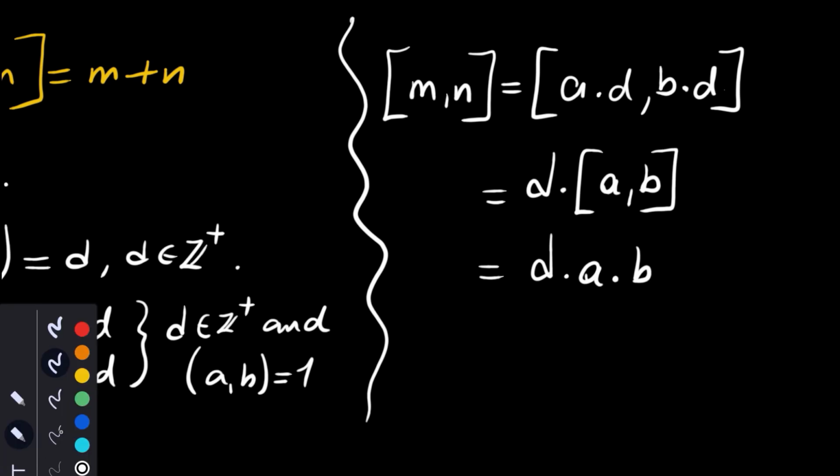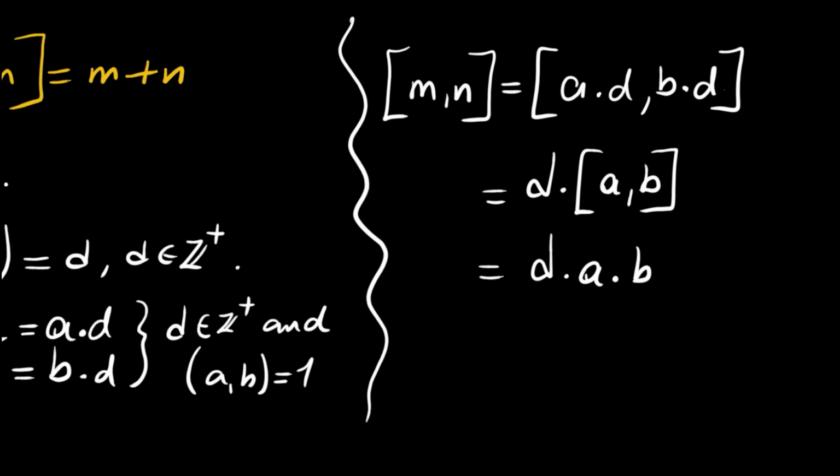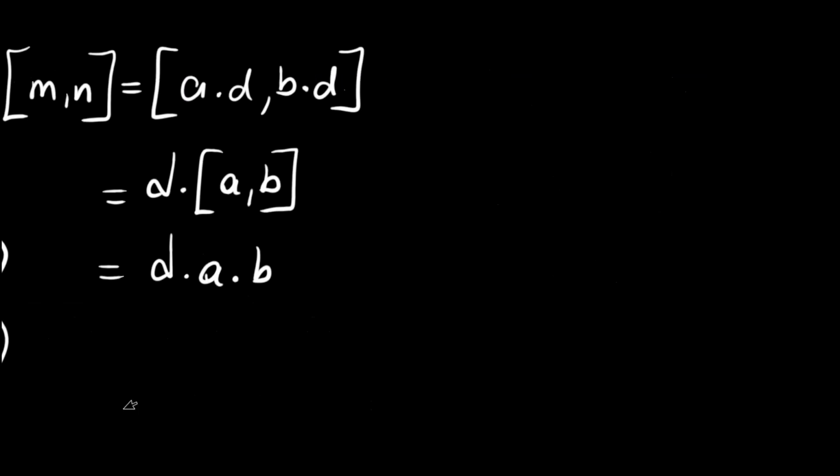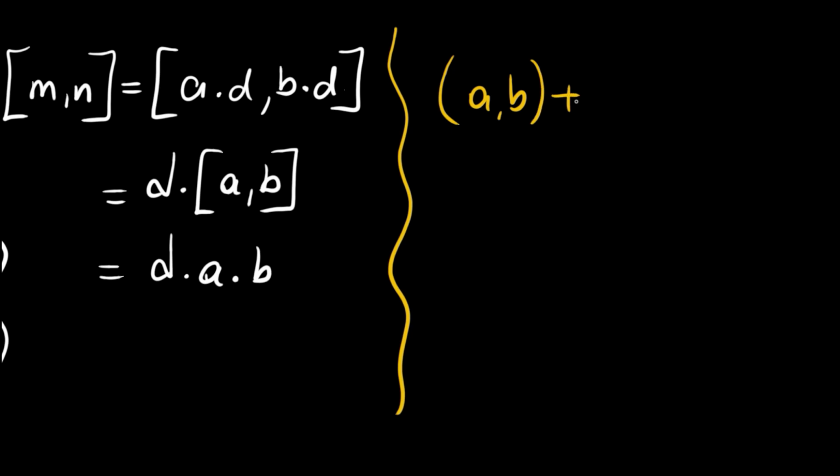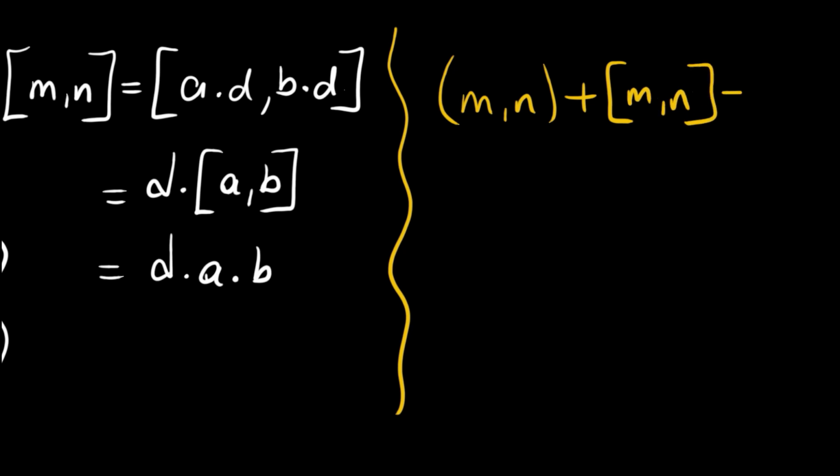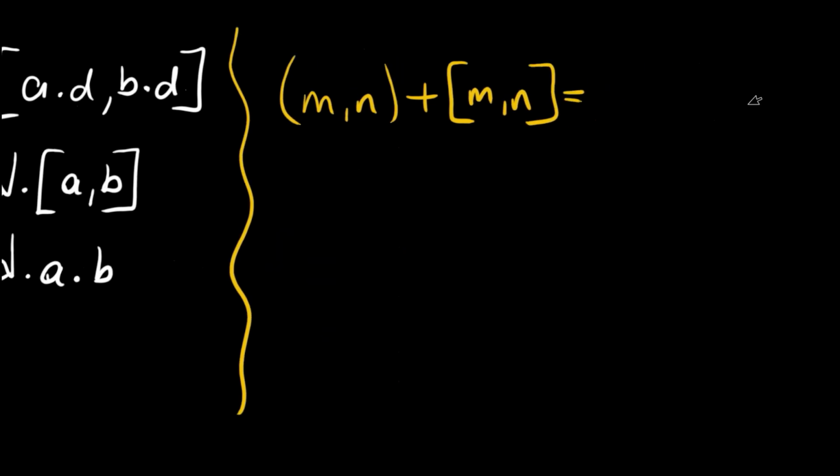Let's write this into our original equation. The GCD of m and n plus the LCM of m and n is equal to m plus n. We have the GCD is equal to d.